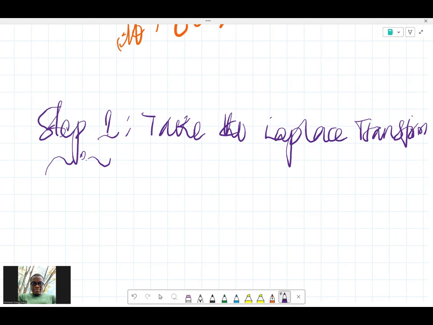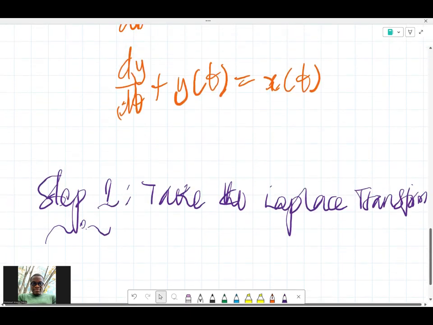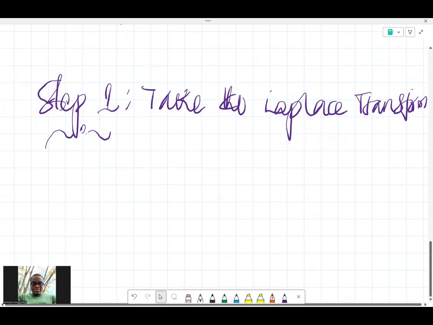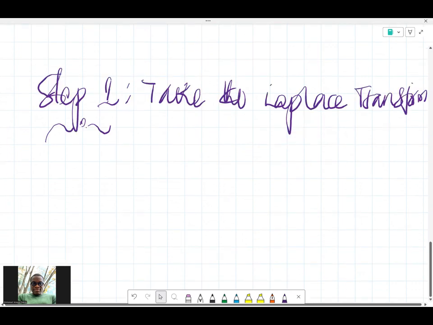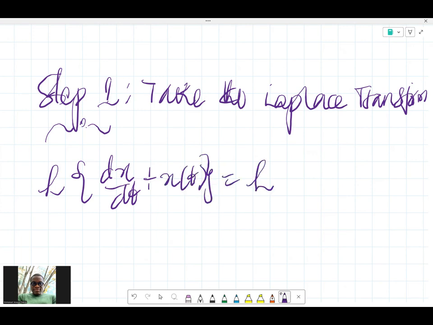In taking the Laplace transform, we have the Laplace of dx/dt plus x(t) equals the Laplace of 2y(t).